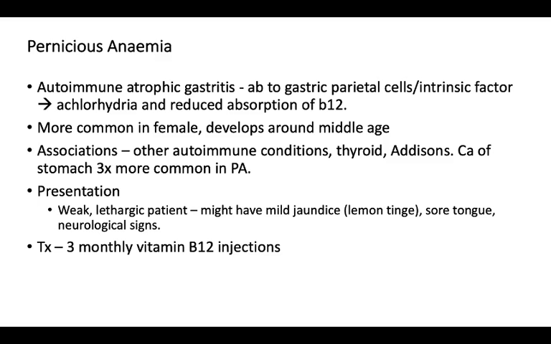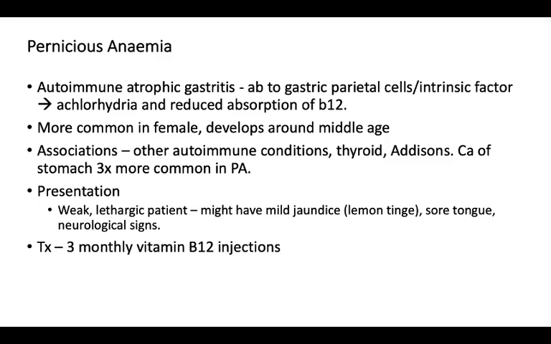Okay, so this slide talks about pernicious anemia. In this, there is an autoimmune atrophic gastritis. Essentially, you get antibodies to gastric parietal cells, which make acid and intrinsic factor, which absorbs B12. As a result, you get achlorhydria, which is a lack of acid, and reduced absorption of vitamin B12.